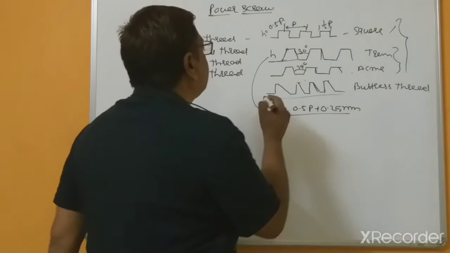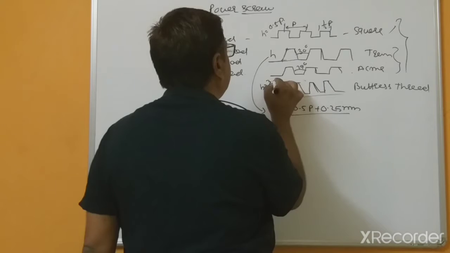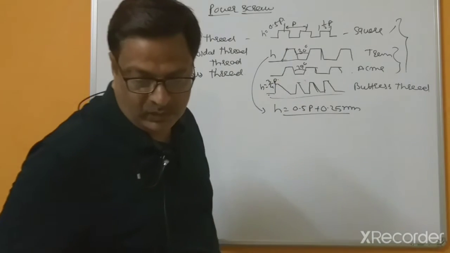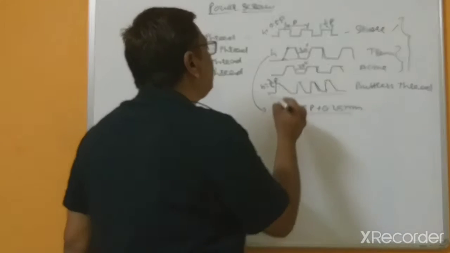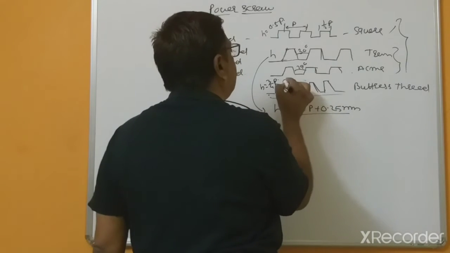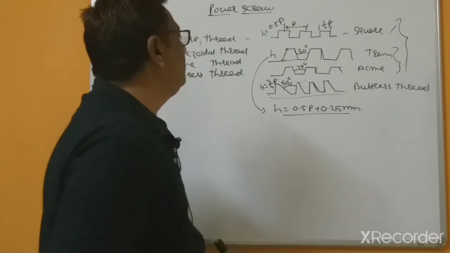And in buttress thread, this height H equals 3/4 of pitch, and this is the difference. Generally in buttress thread this angle is 50 degrees.